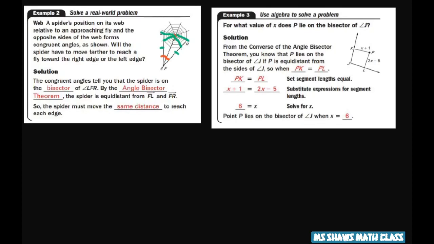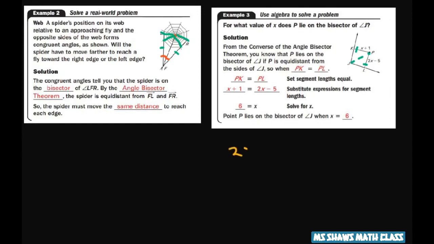Okay, so let's look at some algebra. We need to know what makes P lie on the bisector of angle J. So, like that. That means these two sides have to be equal. So, set them equal to each other.